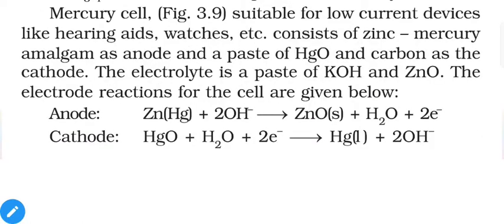Then we have mercury cells, which are also known as button cells. They are used in some toys and our wristwatches. Wristwatches have a very small design, so we have to use smaller sized batteries for them as well. And we use button cells, known as mercury cells, shown in figure 3.9.